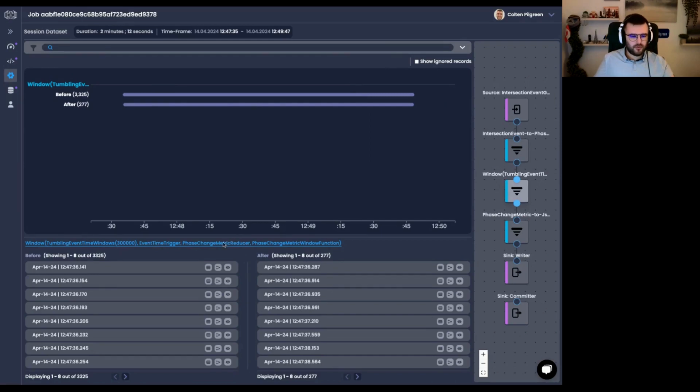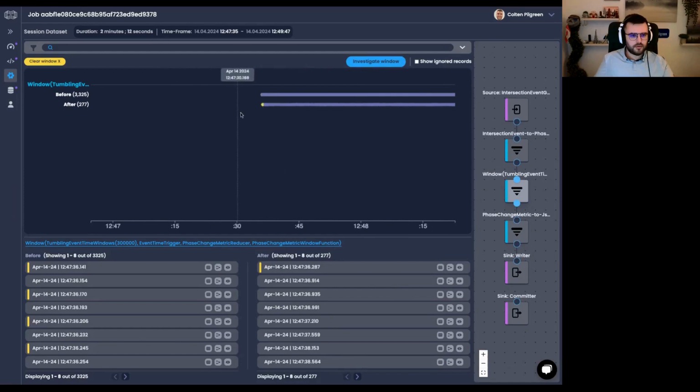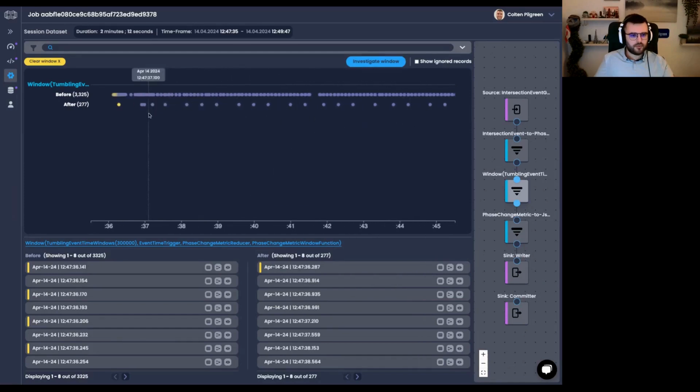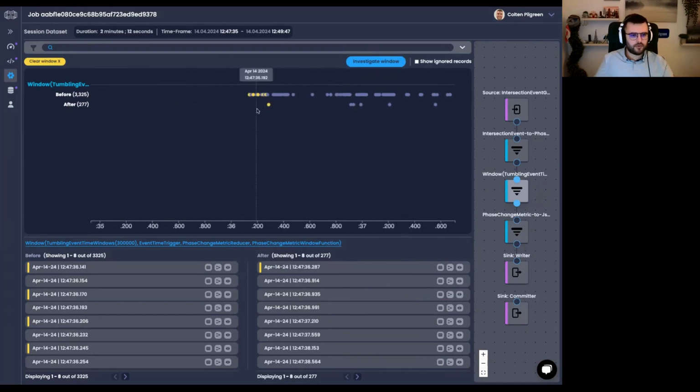Since I have all of my other operators turned off, this is the only one that shows up. And the nice thing about this is, what we're viewing is our window. These are the inputs to our window, and these are the outputs. You can actually view the individual events that make up the output of your window on your job graph.